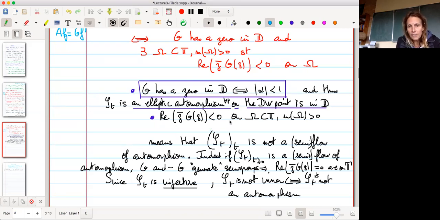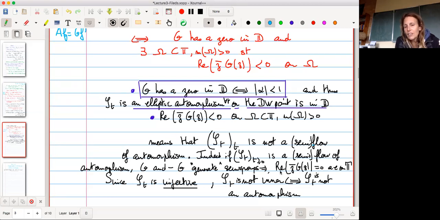It happens that this is the way to express the fact that the semiflow phi t is not made of automorphisms. Indeed, if I have a semiflow of automorphisms, so it's not just a semiflow but a flow, then G and its opposite, minus G, generate semigroups. So the real part of z-bar G is non-positive, and on the other side, the real part of z-bar times minus G is also non-positive.